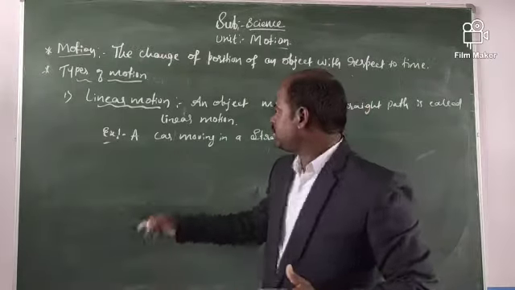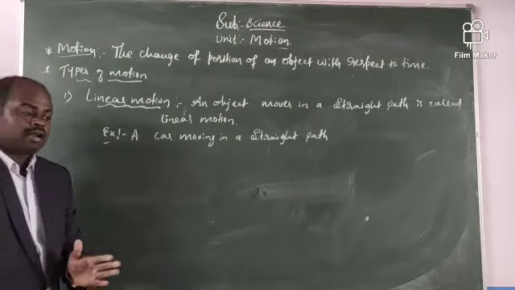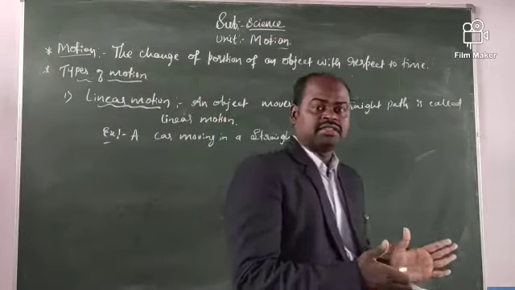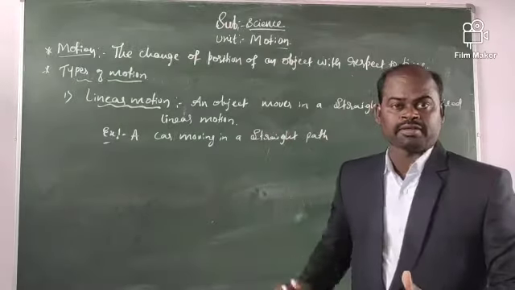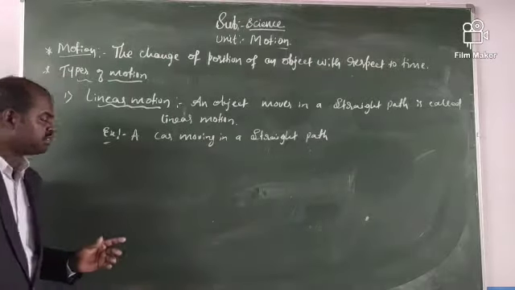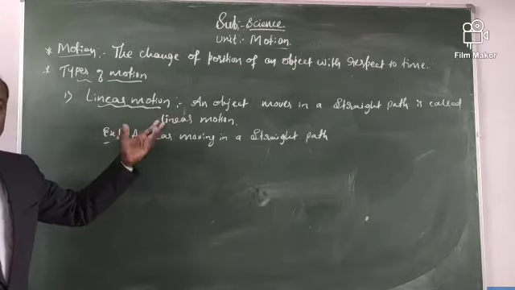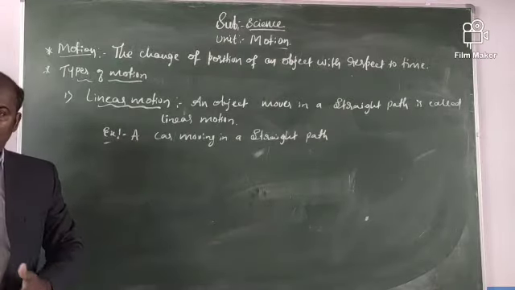That is also an example for linear motion. And also when the train travels on the tracks, that is also an example for a straight path. Okay, did you understand? Hope you all understand. Those are examples for linear motion. Whatever you are observing in your daily life, you have to tell.